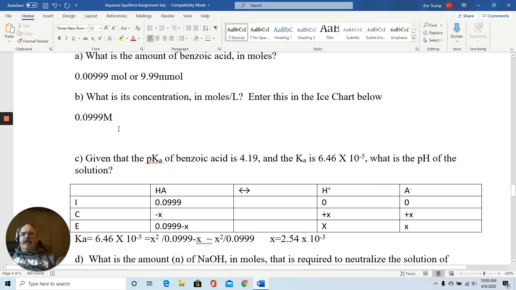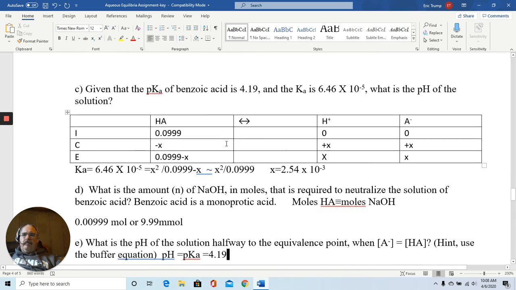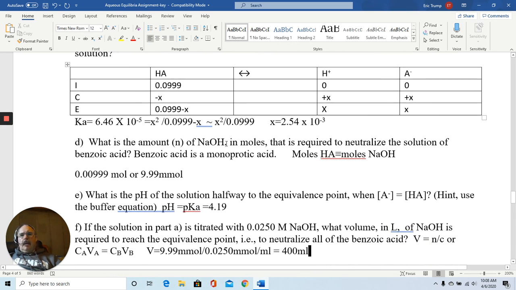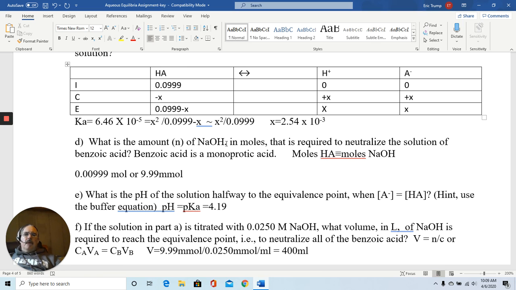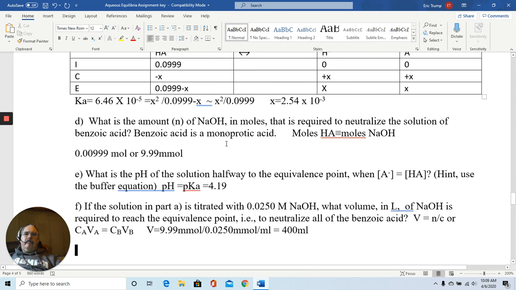You come up with the same answer. And if we solve for x, we get 2.54 times 10 to the minus third. Not especially negligible compared to 0.09, but we'll go with it.